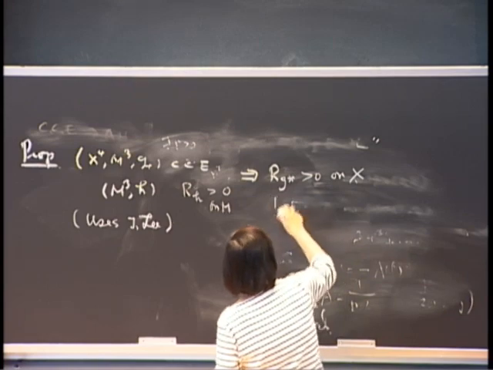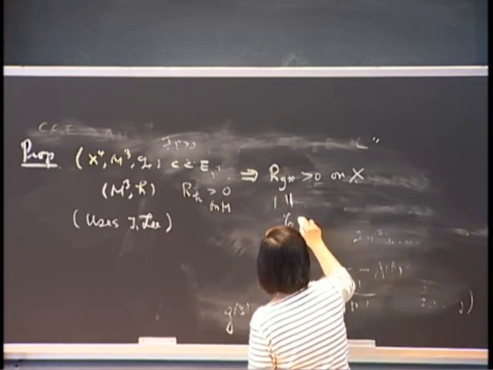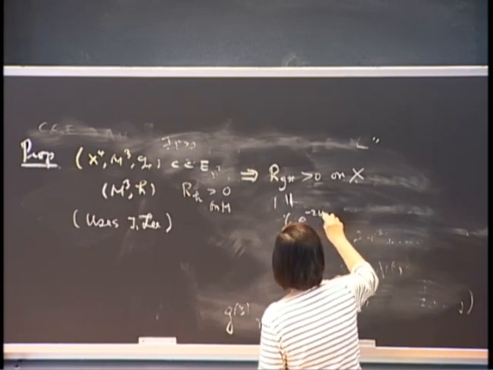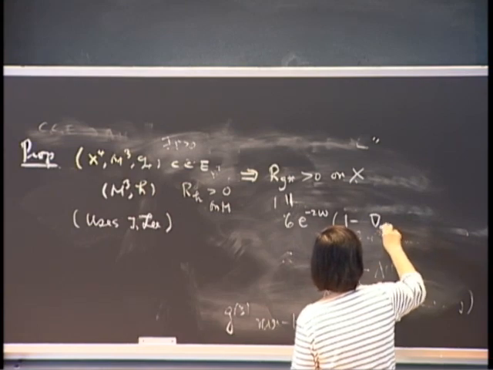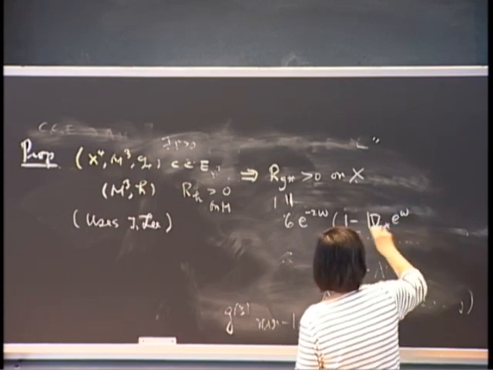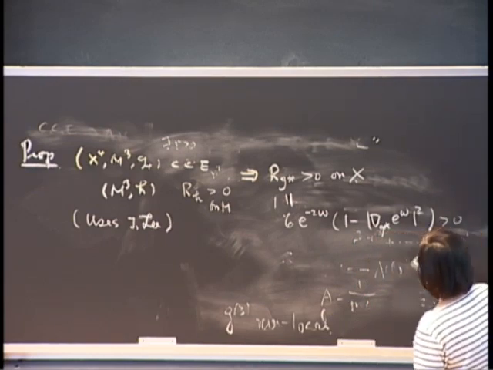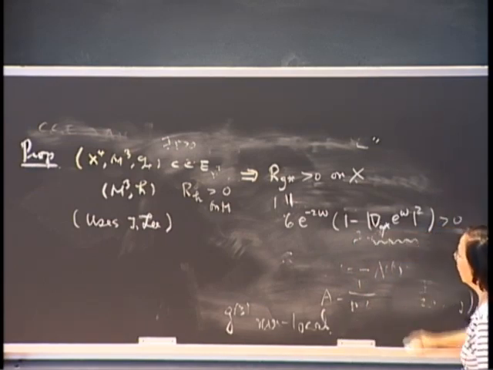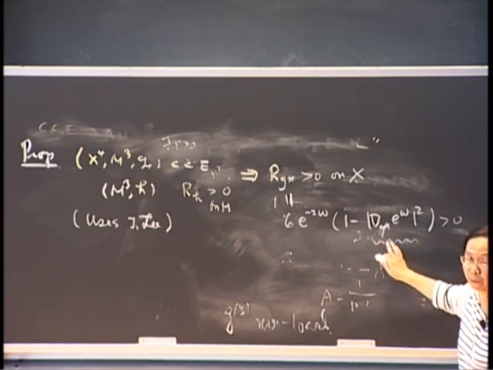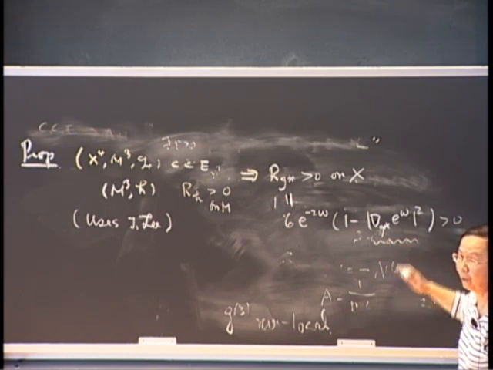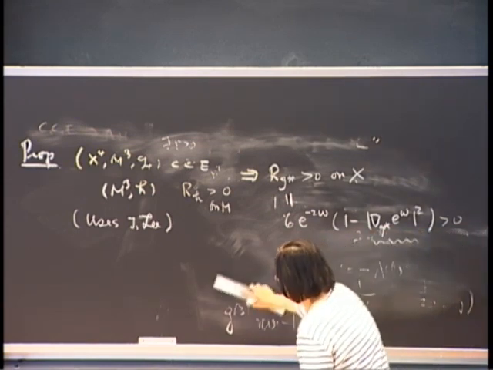In this case, one can also see this metric is just 6 of e to the minus 2w times 1 minus the gradient of e^w squared with respect to g star. So the fact it's positive means this distance, e^w, is comparable to the real distance of g star. So this gives a strong estimate of the metric g star.